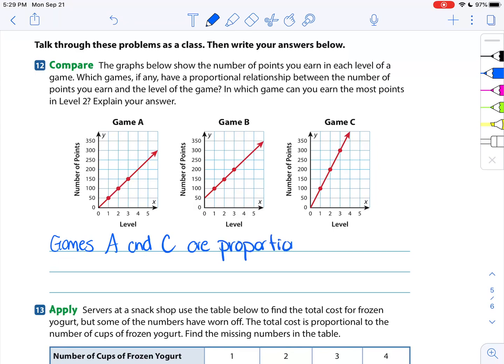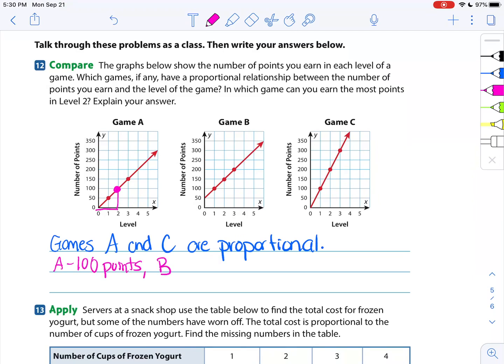The next part of the question wants to know, in which game can you earn the most points in level 2? When you take a look at the graphs, if you go over to level 2 in graph A and go up to the line A, you can earn 100 points.